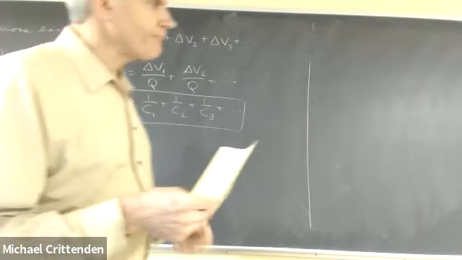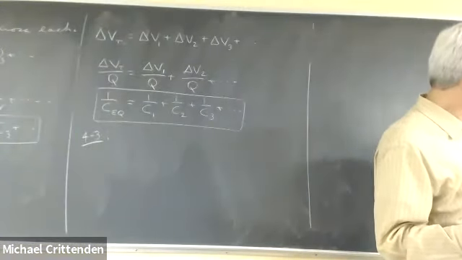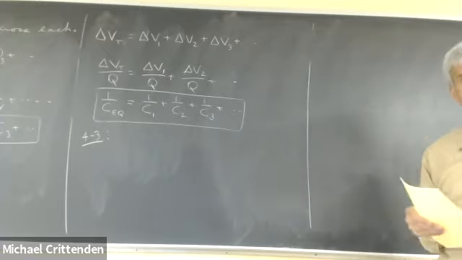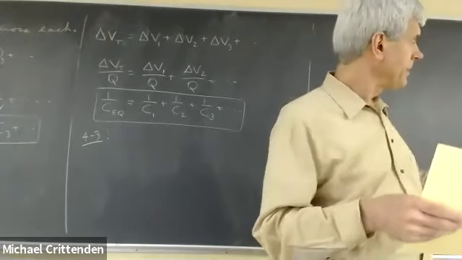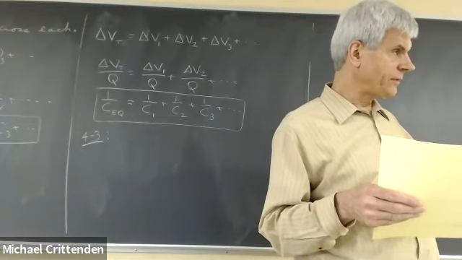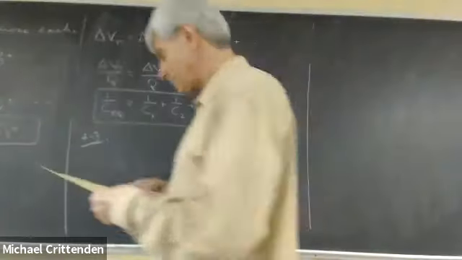So the way to begin is to notice that if you just ignore that 10 microfarads that's on top, the rest of it is a couple of capacitors in series. Okay, the 20 and the 40 are in series with each other.